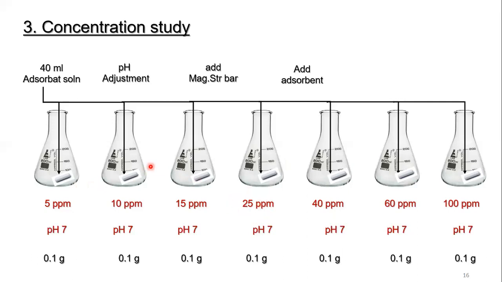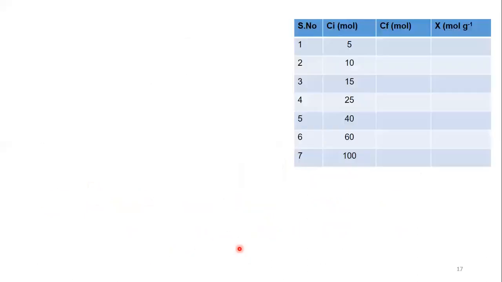Okay, so now you know the initial concentration, you know the pH, and you know the initial dose. What we need to find out is the final concentration. The initial concentration we have, and the final concentration you have to find out. How to find it?